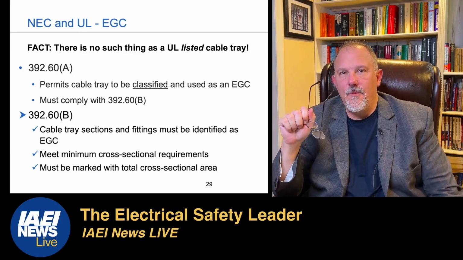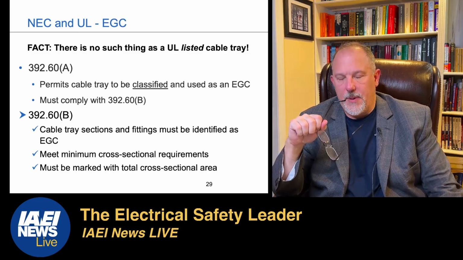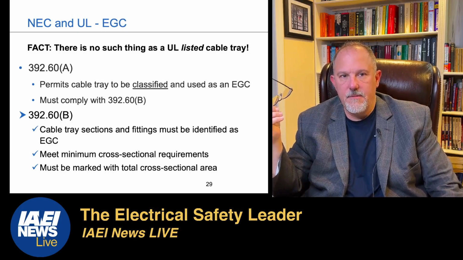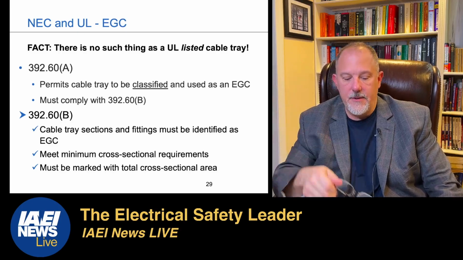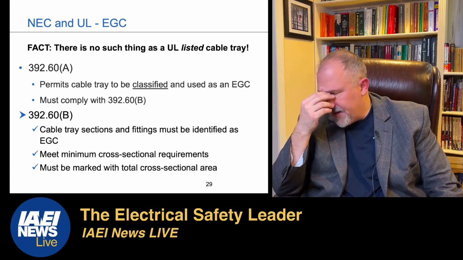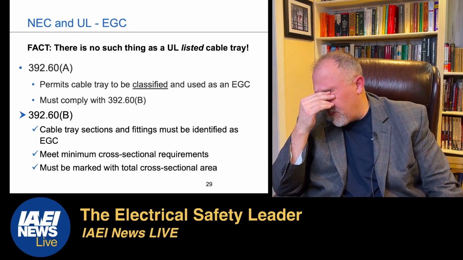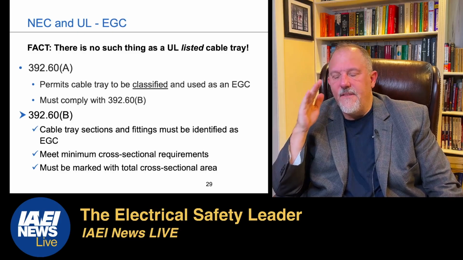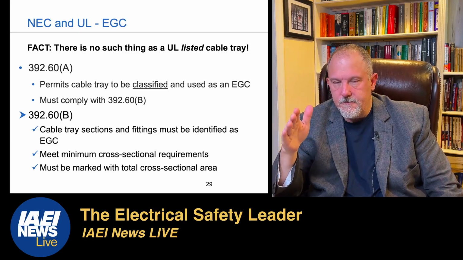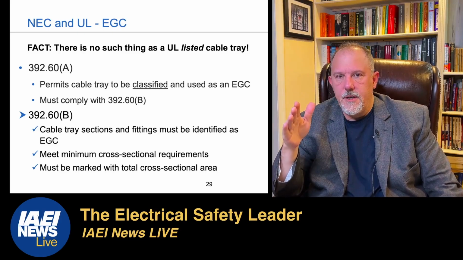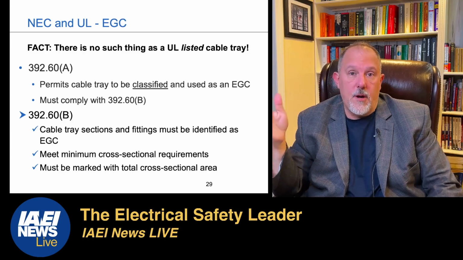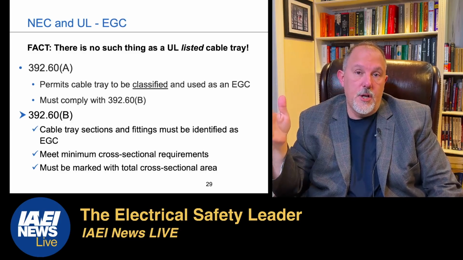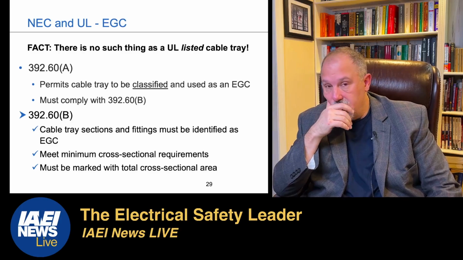so you want an effective ground fault path for what reason? To trip the overcurrent device, right? So that means that if I have 400 amps worth of conductor, I want enough current greater than 400 amps. I want my ground fault currents to be greater than 400 amps to trip the overcurrent device.